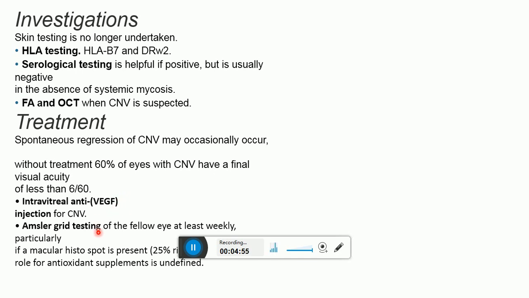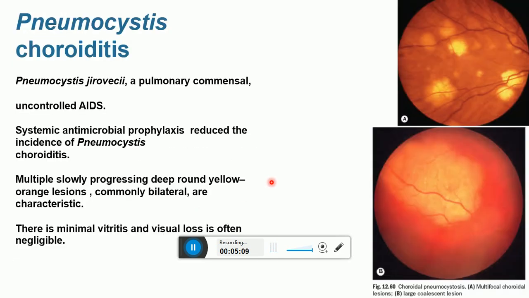Amsler grid testing of the fellow eye should be done at least weekly, particularly if a macular histospot is present, as there is a 25% risk of CNV. Any role for antioxidant supplements is undefined. So that was presumed ocular histoplasmosis syndrome.